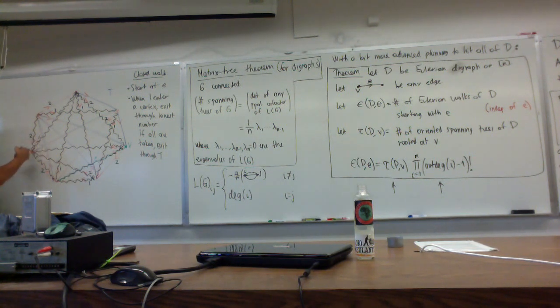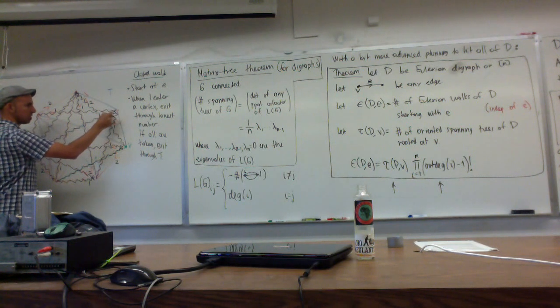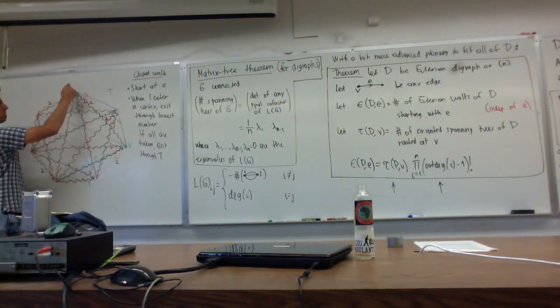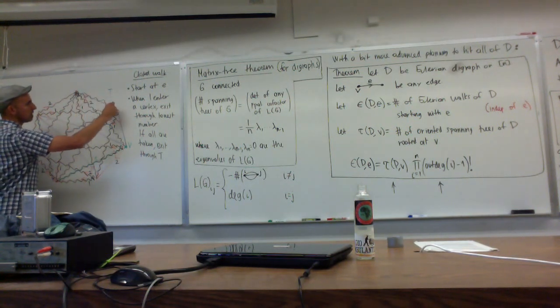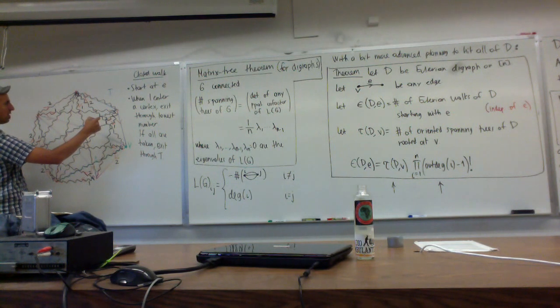Now here, 1 is taken, 2 is taken, so I'm forced to use the blue edge, the one from the tree. Now 1 is taken, 2 is not taken, so I go here. Then 1 is taken, 2 is taken, so I take the tree. Here 2 is not taken, so I can take 2. 1 is taken, 2 is taken, I take the tree. The tree is to the root.